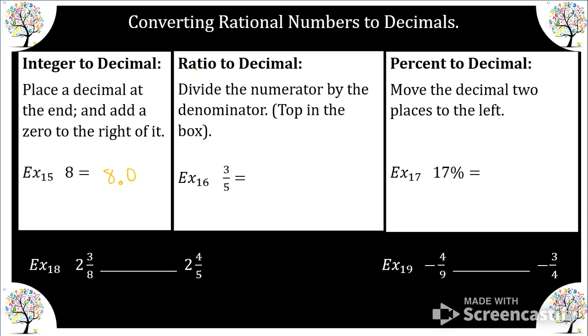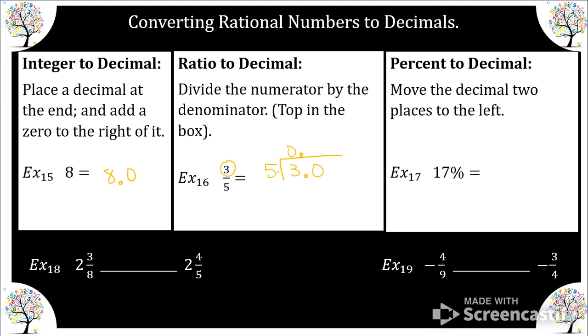When we have a ratio or a fraction and we want to convert it to a decimal so we can compare, we divide the numerator by the denominator, top in the box. So the top number goes inside the box. So 5 is going to be divided into 3. 5 can't go into 3. It goes 0 times. So we are forced to create a decimal.